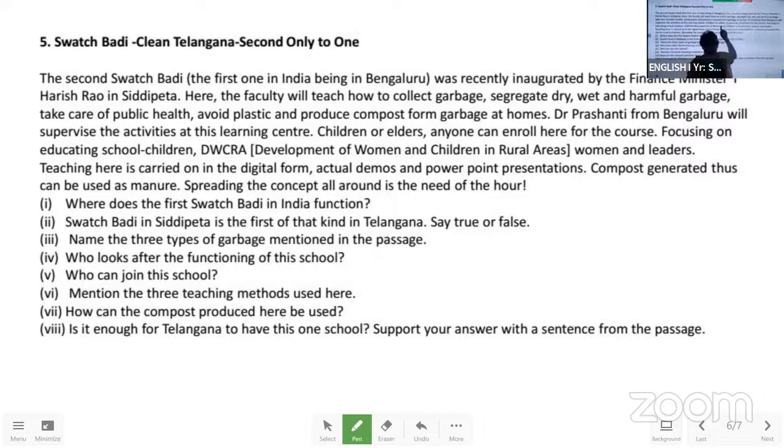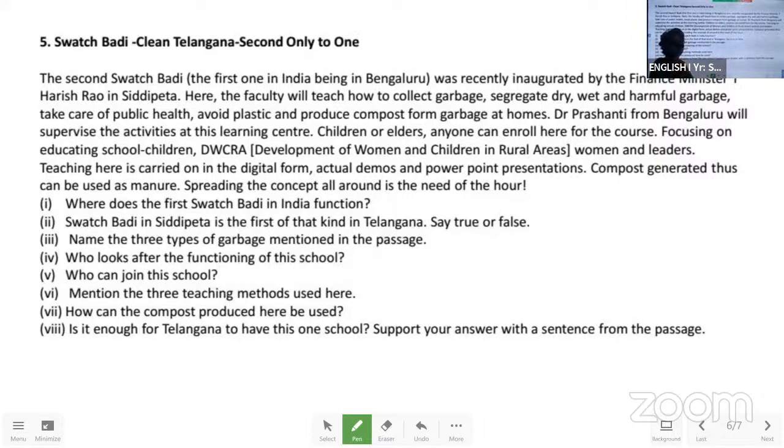Sorry, children, a spelling error. It is not from, but from. Dr. Prashanti from Bangalore will take care, supervise the activities at this learning center. Children or elders, anyone can enroll here for the course, focusing on educating school children, development of women and children in rural areas, women and leaders.